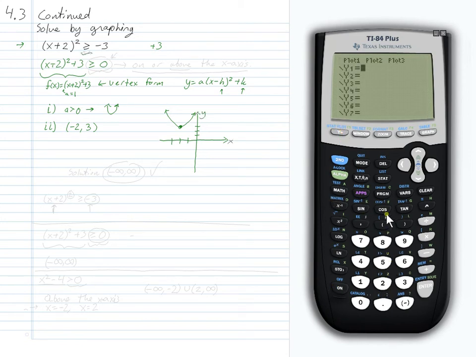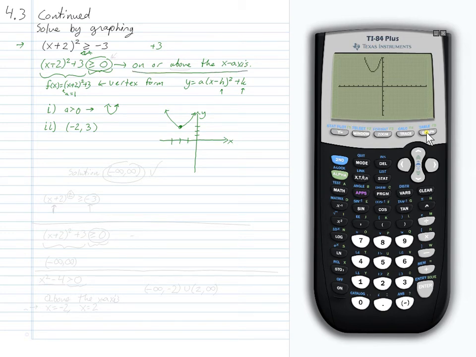And what are we trying to achieve? Well, if I go back to the inequality that we set up, we would like to be above or on the x-axis. Well, every single point on the graph of this parabola satisfies that.